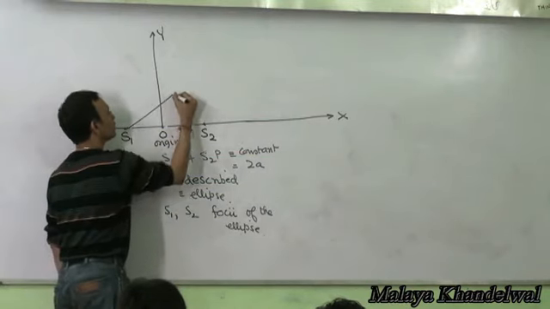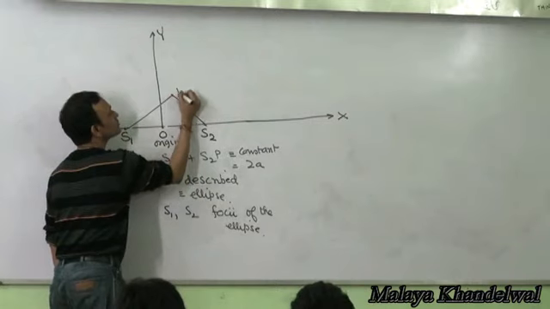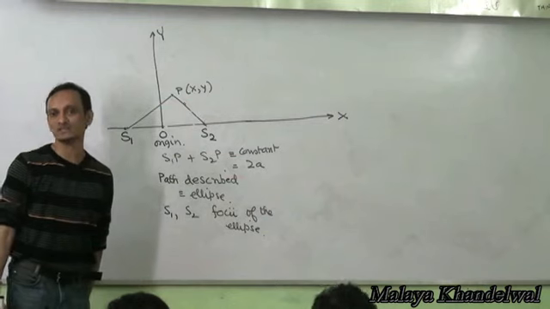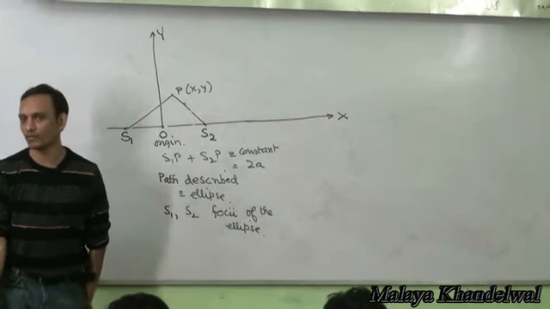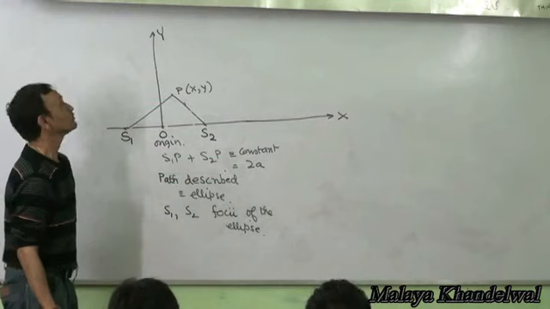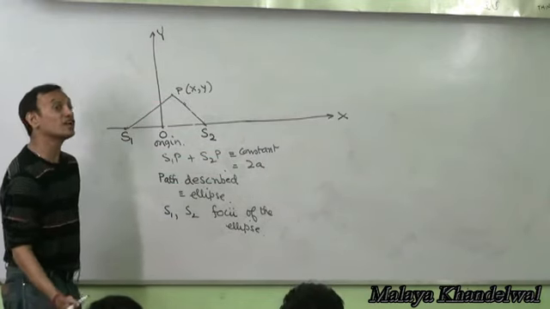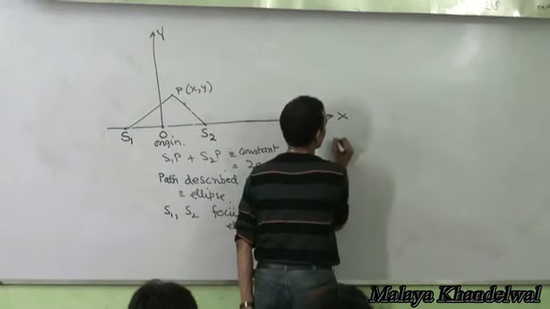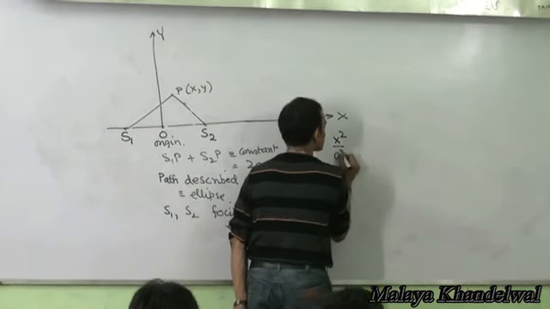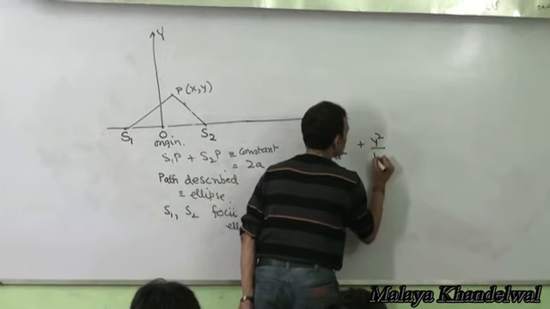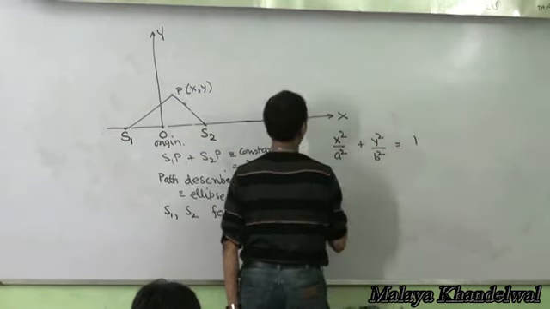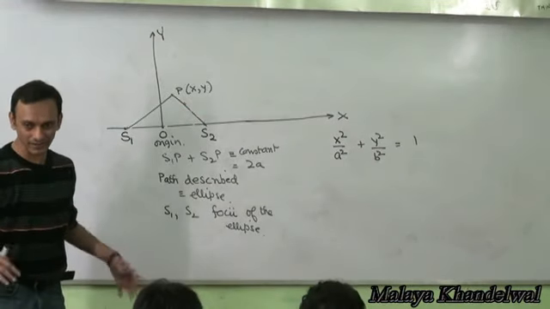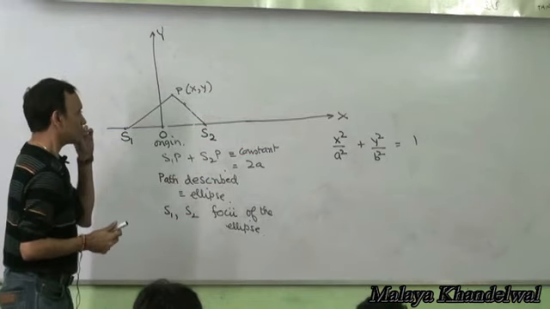Now we can show that the equation of the trajectory described by P, if P has coordinates x comma y at any given instant of time, that means the locus of the trajectory that P pursues, is x squared by a squared plus y squared by b squared equal to 1. That's the locus of the trajectory. This is something that I'm not proving, but just stating for the time being.